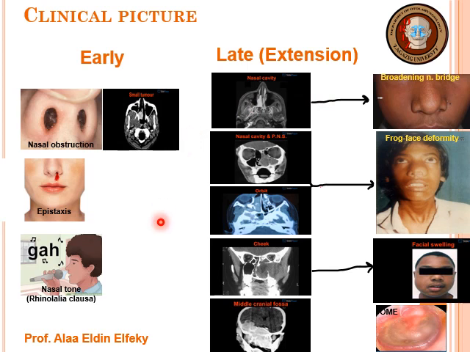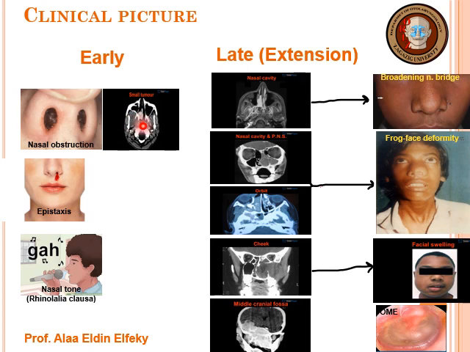Now, what is the clinical picture? The early symptoms and signs are nasal obstruction. Usually, this is due to a small tumor in the region of the sphenopalatine region, as we see here.